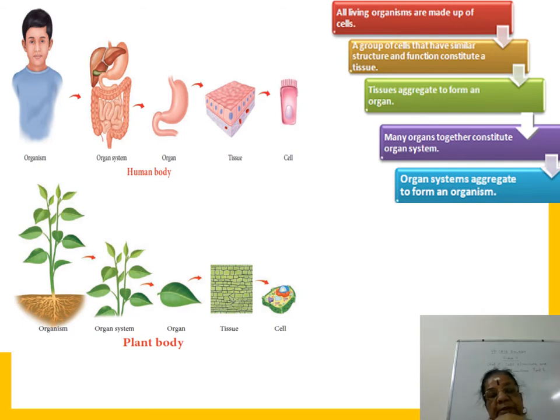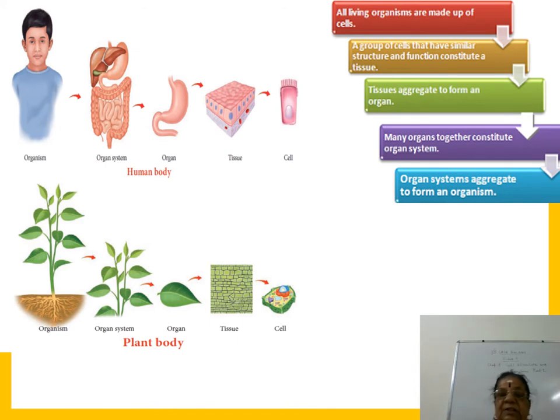So this forms the example for a multicellular organism. Otherwise, the organization in an organism is: cell, tissue, organ, organ system and organism.